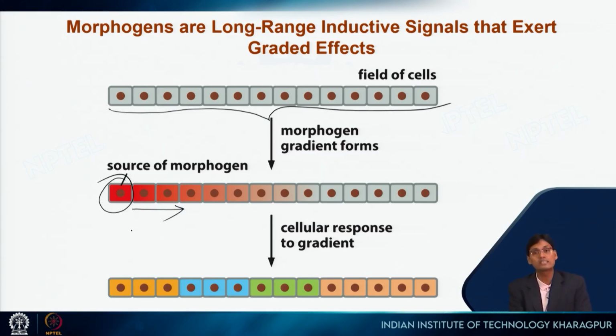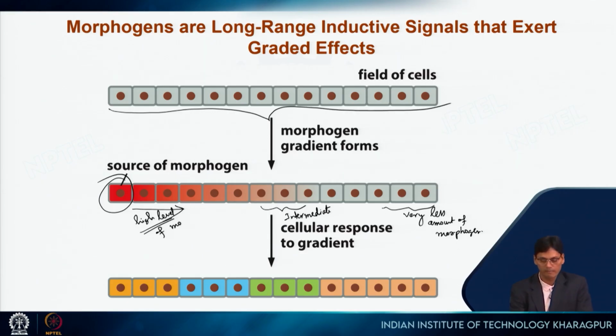As you can see, if it is diffusion, then the nearby cells will have more concentration of this morphogen, but here we will have an intermediate level of morphogen, and here very little. So this is a very low amount of morphogen, this is intermediate, and this is a high level of morphogen.